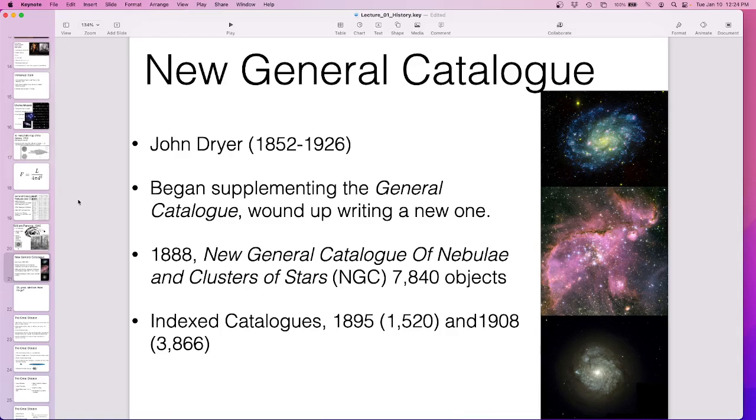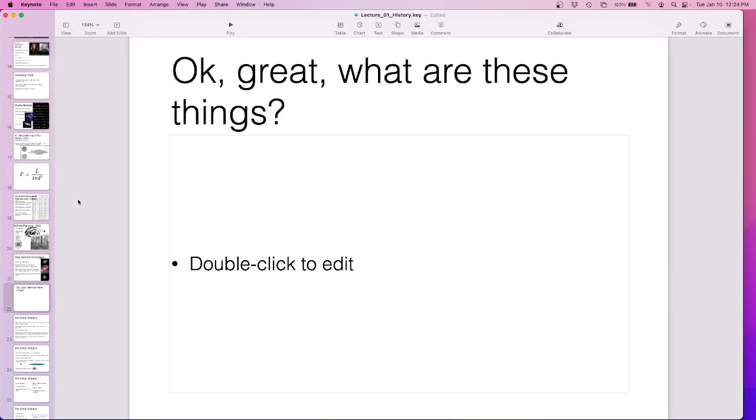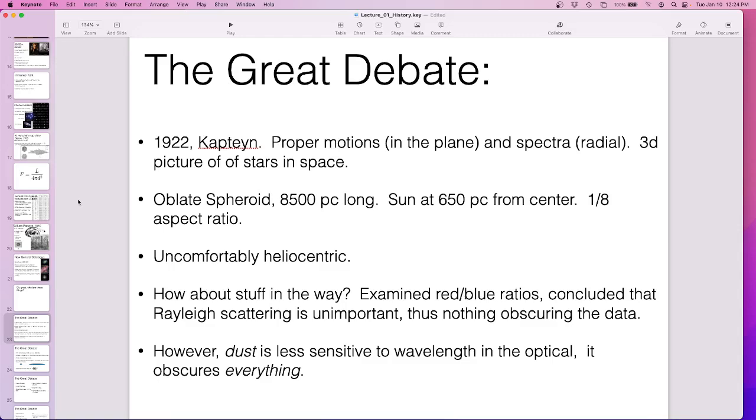If I'm wrong in my distance by a factor of 2, then I'm wrong in the mass by a factor of 10, right? Because if it's twice as far away as I think it was, then it's twice cubed as massive. So 8, not 10. But if you're wrong in the distance, you totally can't explain what the object is, leading up to all of the time we're going to spend on the distance ladder. So what are these objects?